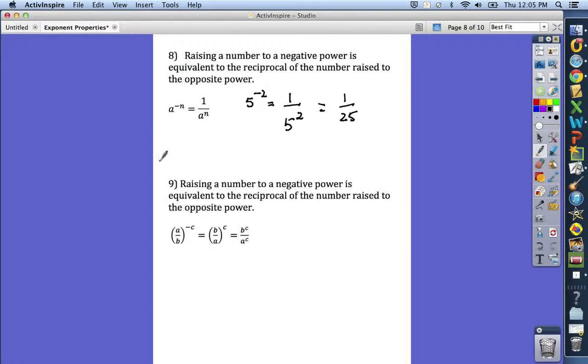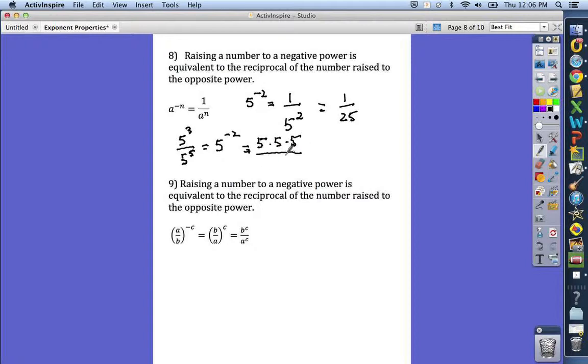A good way to illustrate this is to start with numbers like, let's suppose I was going to do 5 to the third power divided by 5 to the fifth power. Well, this is just the subtracting exponents property. So this would end up being 5 to the negative second power. But a different way to look at that would be, this is the same as 5 times 5 times 5 in the top, because it's 5 to the third power.